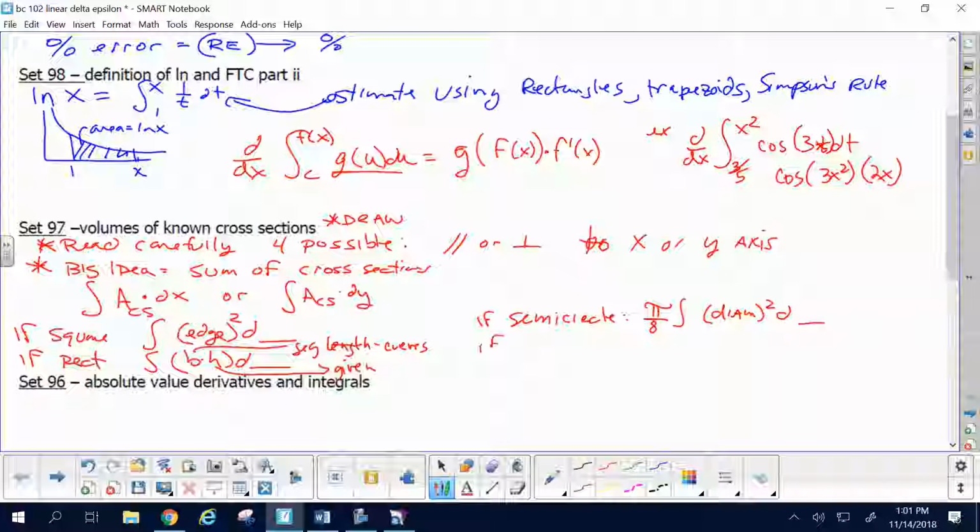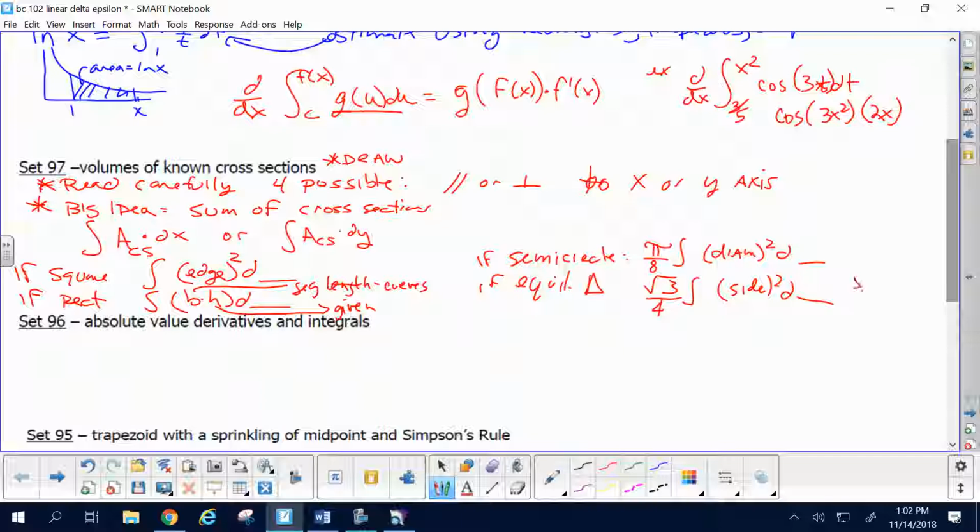If it's an equilateral triangle, then it's root 3 over 4 of a side of the triangle squared, which comes from 1/2 ab sine C if you get stuck. And sine of C is sine of 60, so that's where the root 3 over 2 times 1/2, root 3 over 4, comes from.